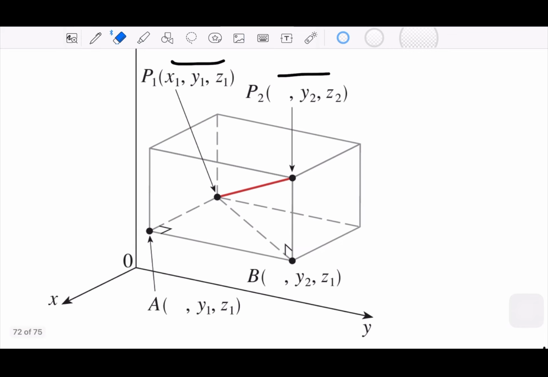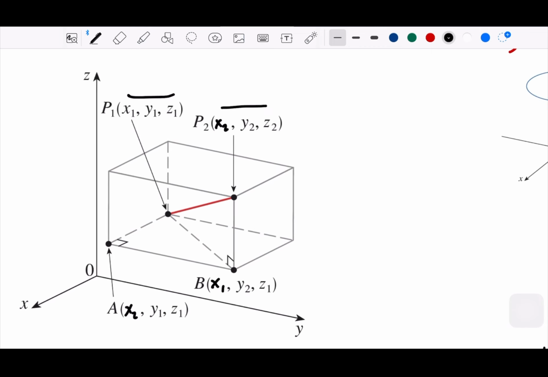So this is going to be x1, y1, and this is x2. Okay.